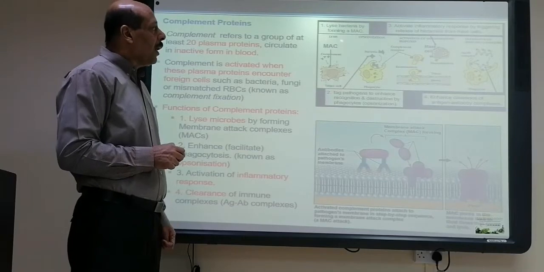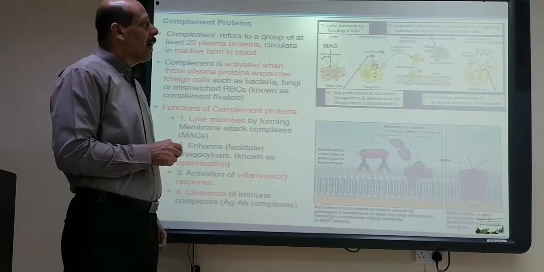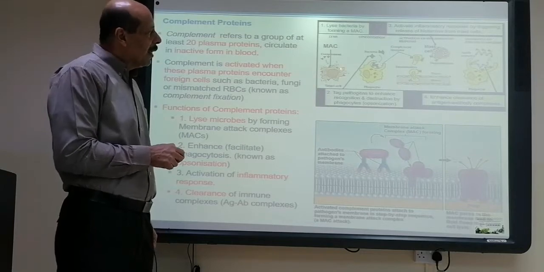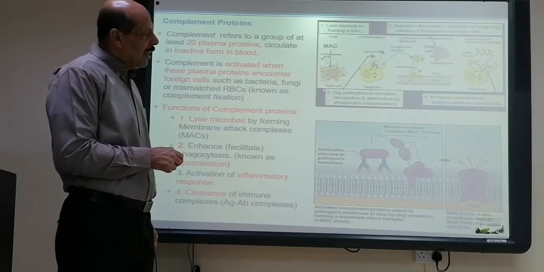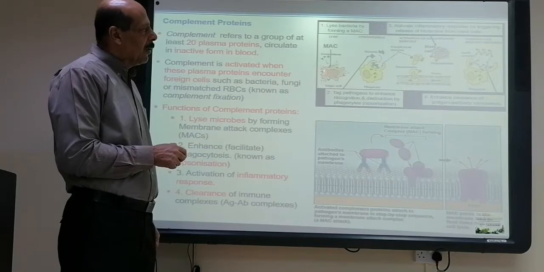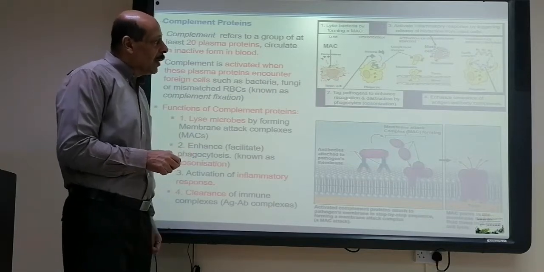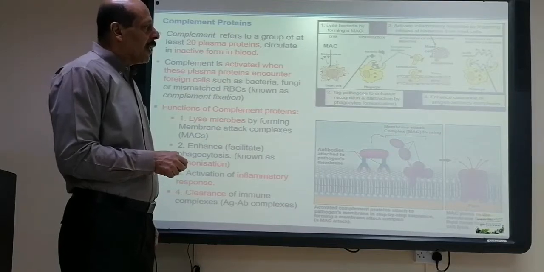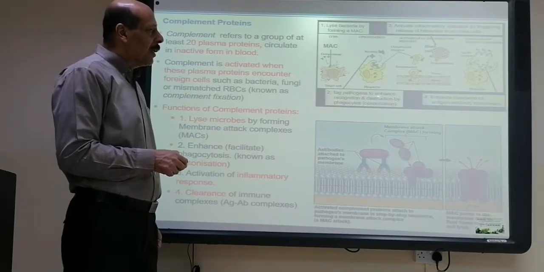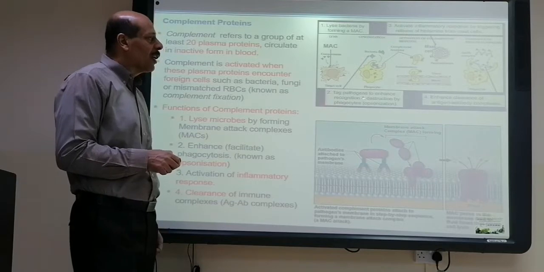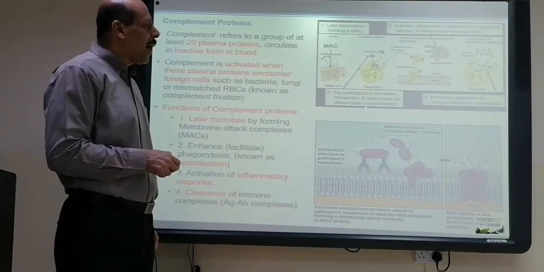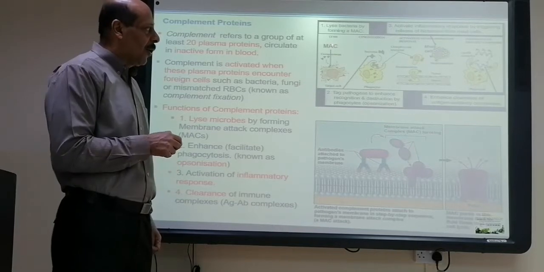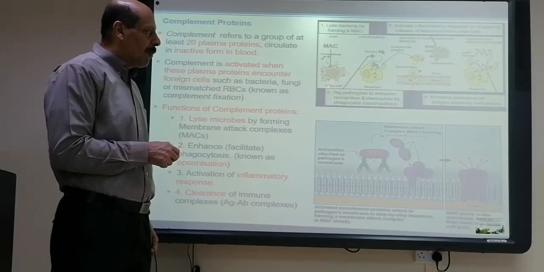So, lysis of bacteria by forming the MAC. The MAC will attach to the cell wall, and it will tag the pathogen to enhance its recognition and destruction by the phagocyte, which is called opsonization.